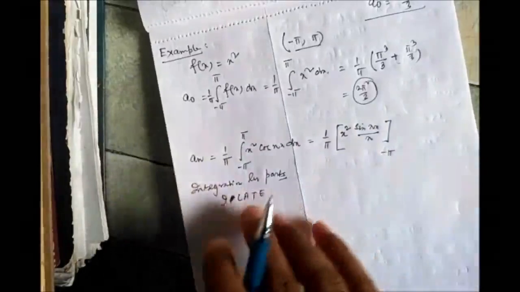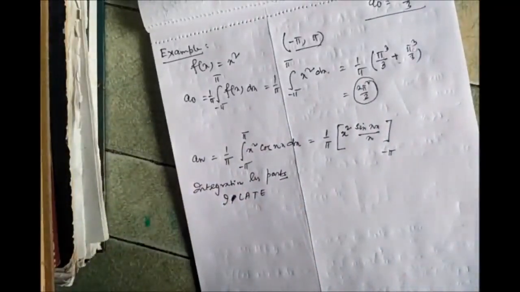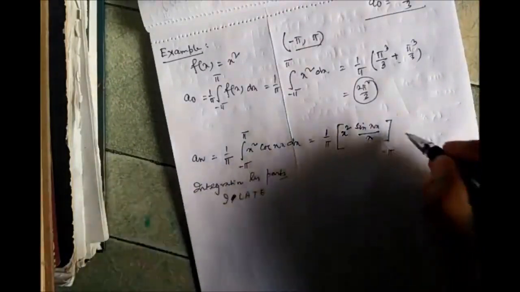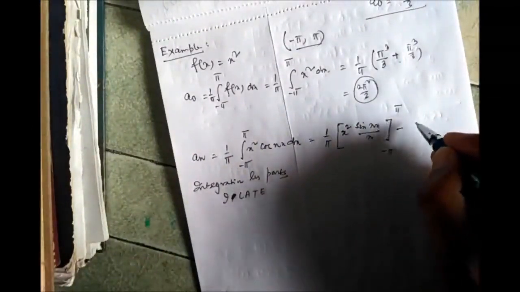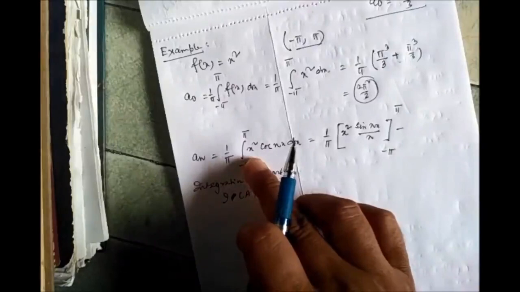So this will be sin nx by n, and this integration is a definite integration, so it runs from minus pi to plus pi, again minus differentiation of this term.